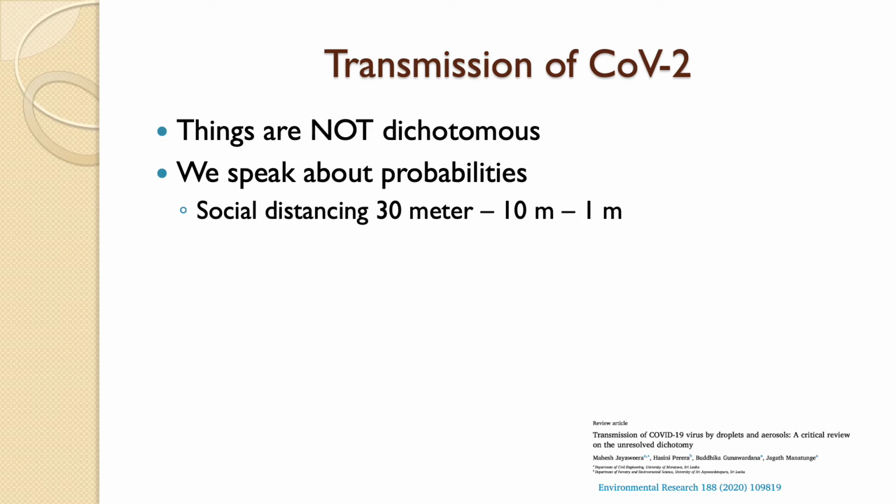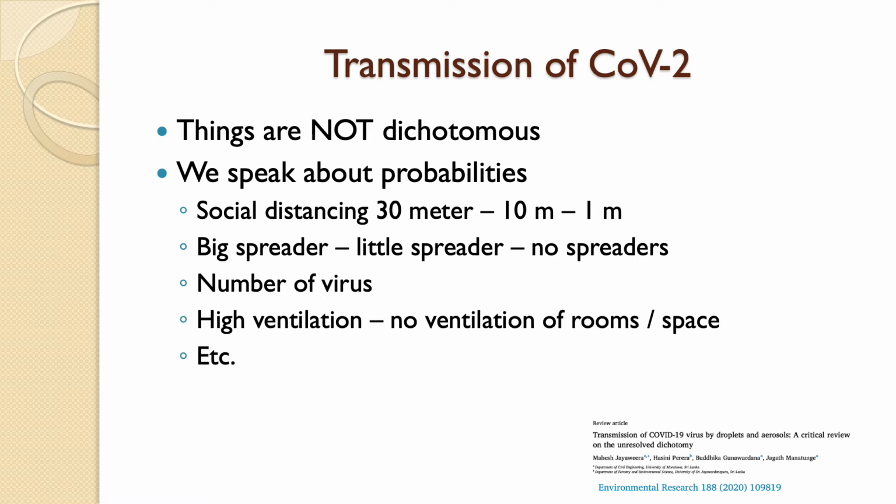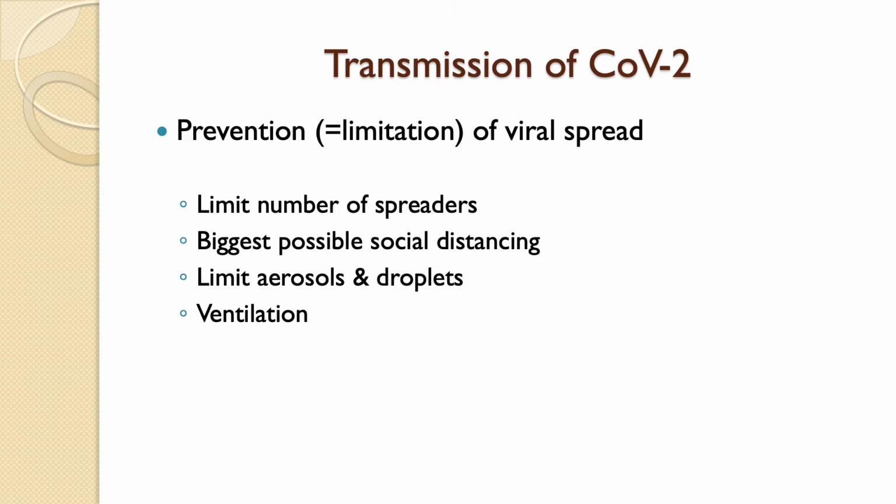And if it is 10 meters, it is even still very unlikely, unless there is, for instance, a good wind that brings all the aerosols in your direction. And that compared to 1 meter. And you have big spreaders, little spreaders, and you have no spreaders, and it all depends on the number of the viruses. And do you have a high ventilation, or is there no ventilation at all in the space where you find yourself, etc.